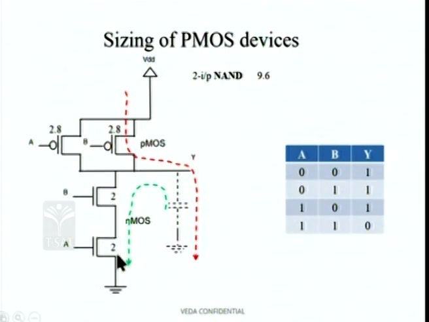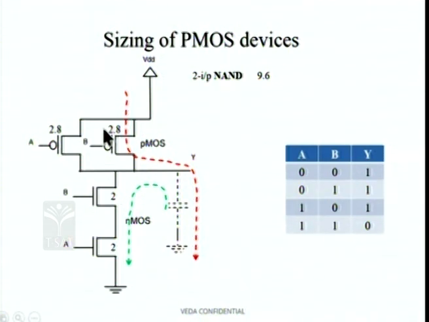Mind you, why this has to be increased is because you need to reduce the resistance of this to half the value, so that when both of them are put in series as it should be, then the total value of discharge path resistance in the discharge path is Rn, and the value of the resistance in the charging path is Rp, and we have made Rp equal to Rn for the inverter.